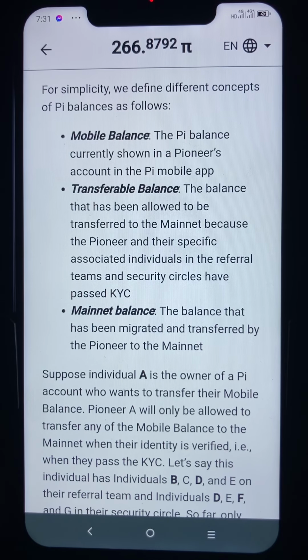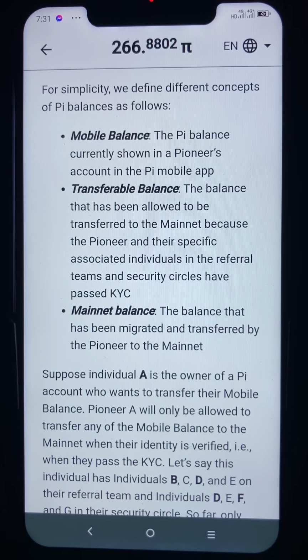Alright, mainnet balance. The balance that has been migrated and transferred by the pioneer to the mainnet. So, tama, yun nga, ito yung transferable balance, yung ililipat sa mainnet balance.